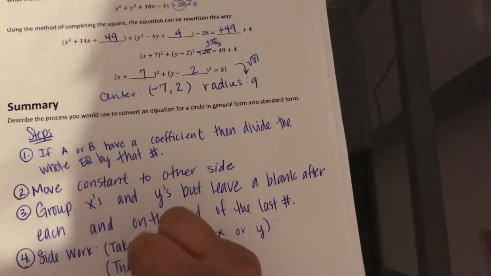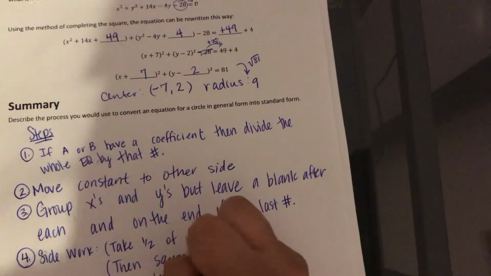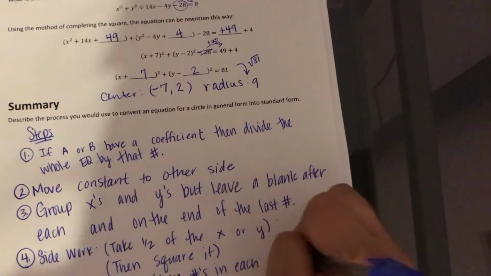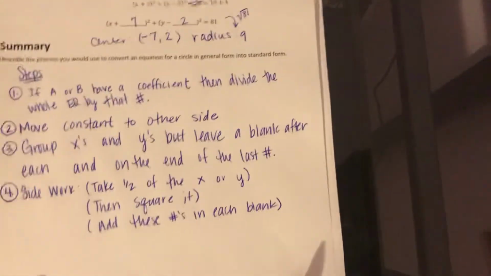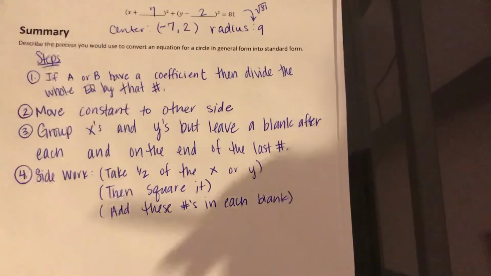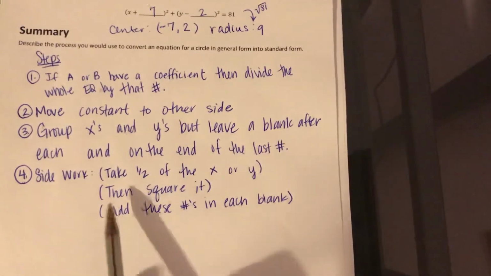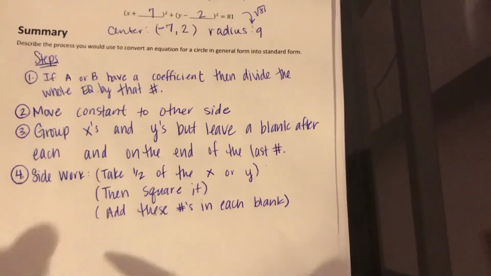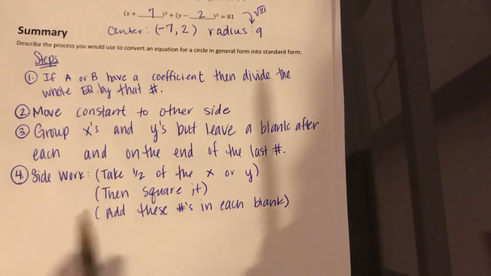Add these numbers in each blank. Okay? So do it in steps. Remember, there's a reason why we do it in steps. Yes, you could do it in your head, but you want to take half of it first, then you want to square it. That way you can see what that perfect square is at the end.